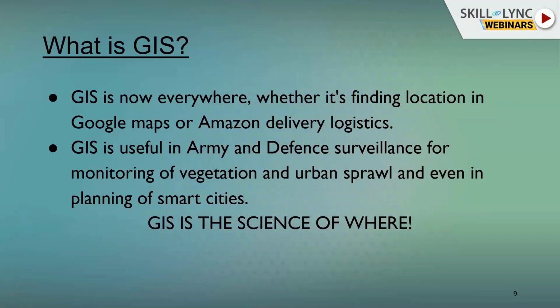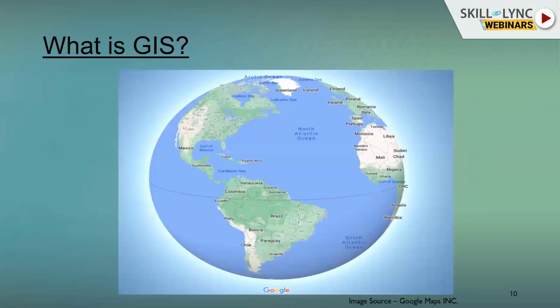But for right now, just keep in mind that GIS is the science of where. Just note down your questions and we would be answering them afterwards. Okay. Yeah, someone is saying globe, someone is saying globe map by Google Earth, latitude and longitude. My God, you are very much ahead of the time.